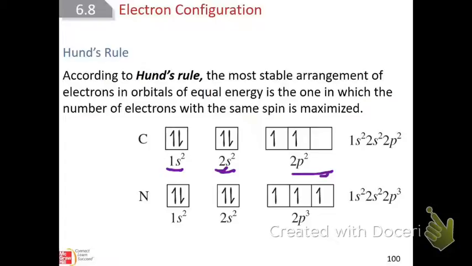That's going to keep them as far away from each other as possible until all have 1, and then they'll start sharing.